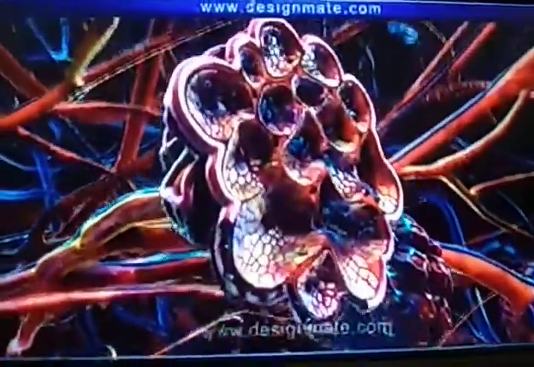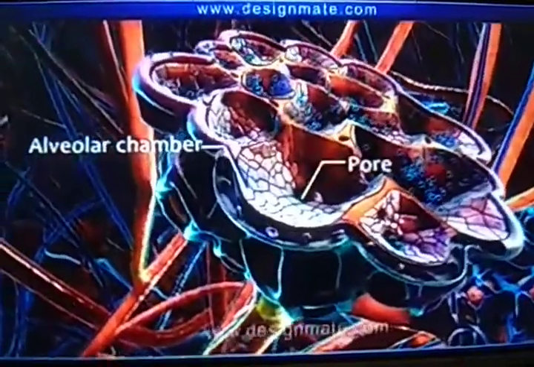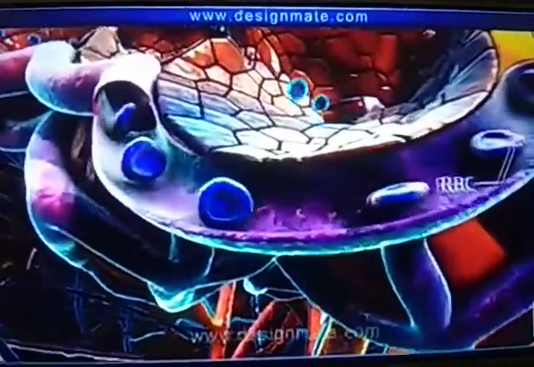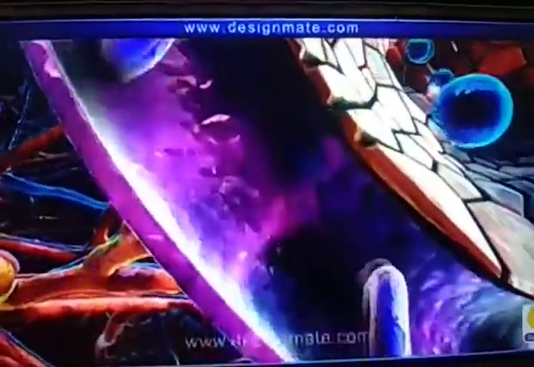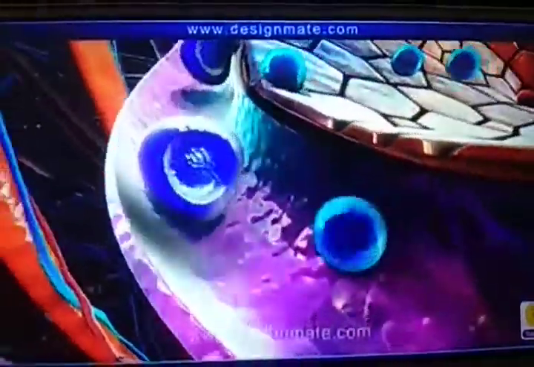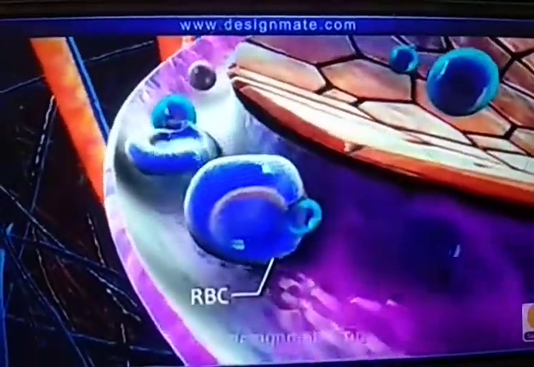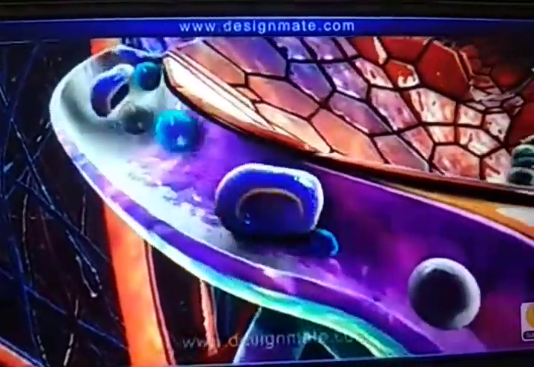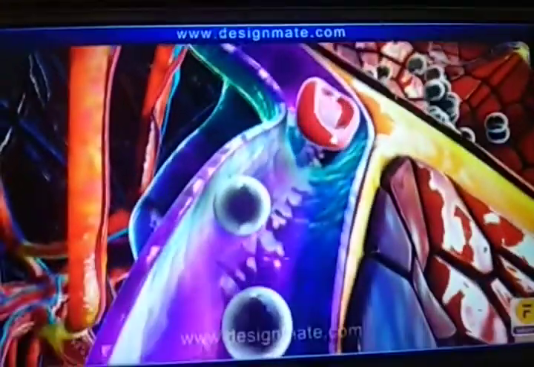A section of one alveolus shows the presence of an alveolar chamber with a pore, which you can see in the picture, and it contains RBCs flowing through the capillaries. The oxygen molecules from the alveolus diffuse into the capillaries and then get absorbed by the bluish colored RBCs. This is the function of RBC, and the transition of their color from bluish purple to red is observed, which you can see in the picture.